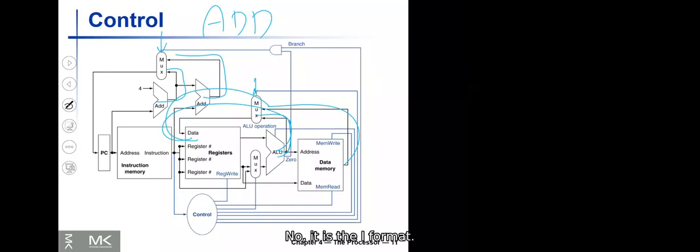No, it is I format, but I need the instruction. Which instruction? Yes? Add I? Add immediate? It is again an arithmetic operation. No, arithmetic add and or, yes, they are coming from here. Add I is coming from here. The result of ALU. Yes?